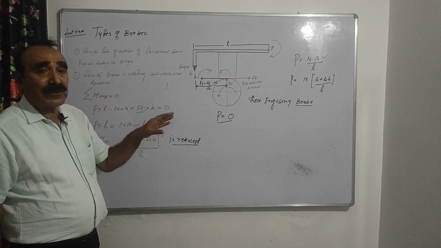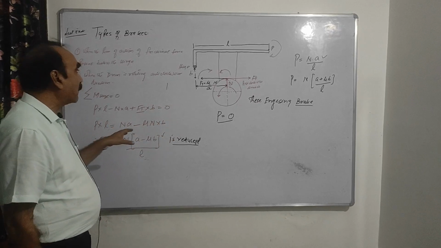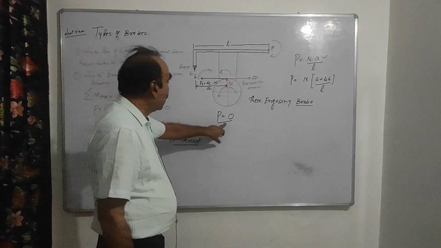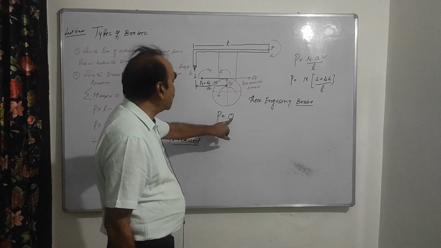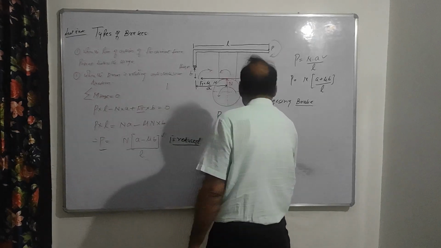This is not under your control. So this is a very dangerous position. When such a condition arises, if the effort P or the value of P is equal to 0, such types of brakes are called self-locking brakes.